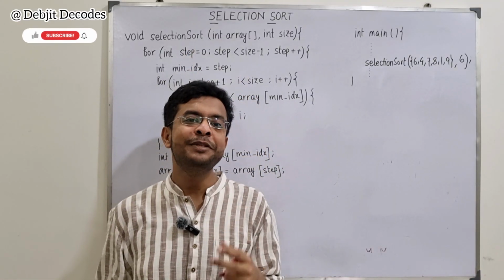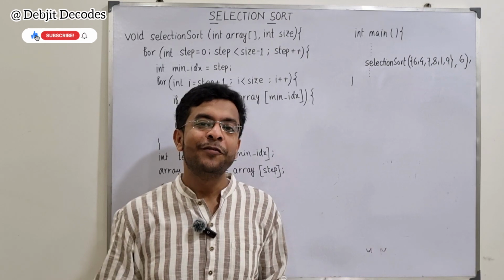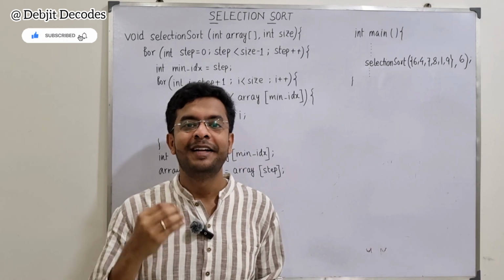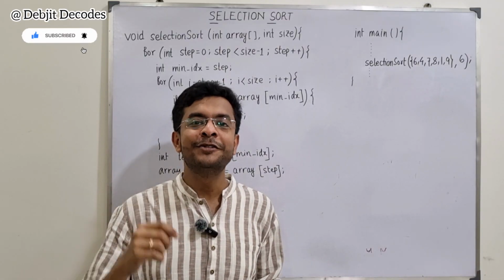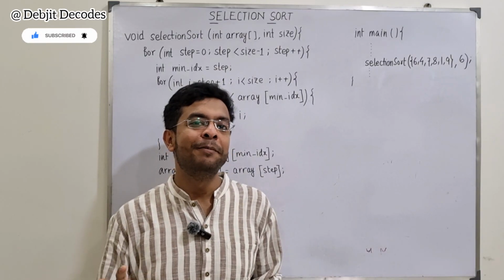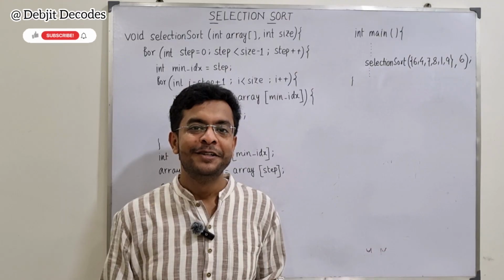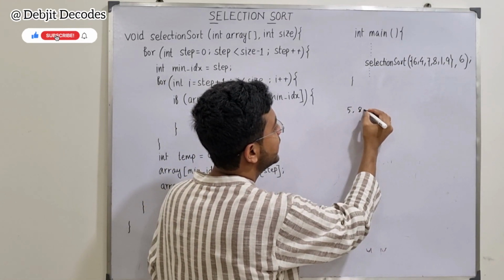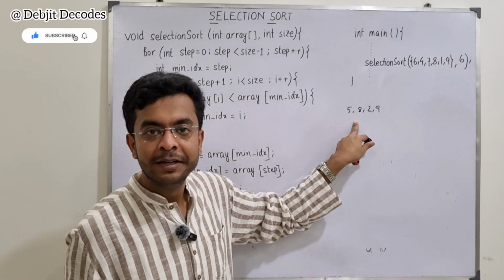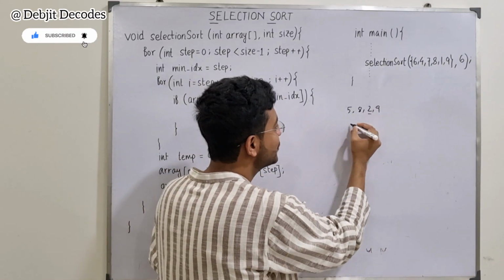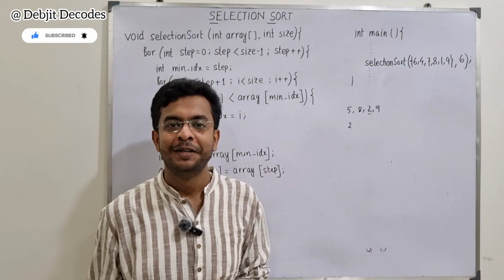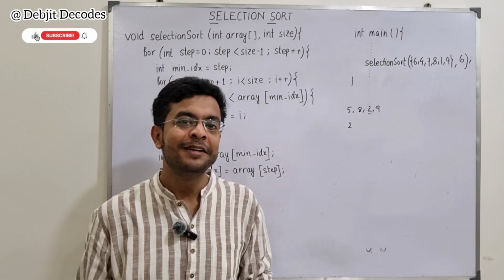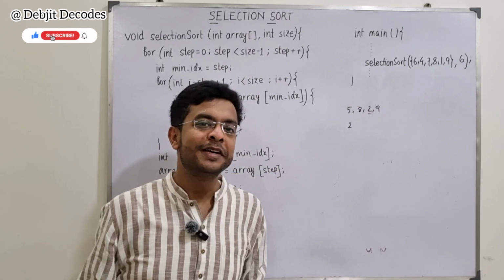Now, when I started this playlist, I said that when we were kids, say 7 or 8 years old, in school we were supposed to sort some numbers in our exams. Suppose the numbers were given as 5, 8, 2, 9 and we needed to sort them. What we do is pick the smallest one and put it at the first place. For selection sort, we are doing the same kind of thing: picking the smallest one and putting it at the first position.